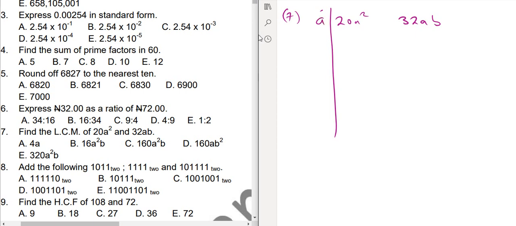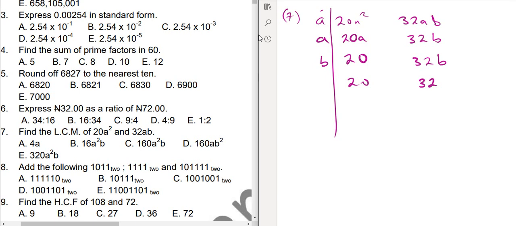So that gives us 20A. Then this is 32B, because A takes care of A and B is left. A is still here, so we have 20, and this is 32B. Now let's go for B. We have B there, so we can take out B. That gives us 20 and 32.